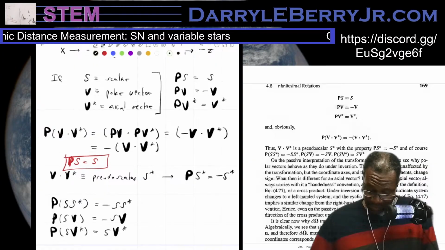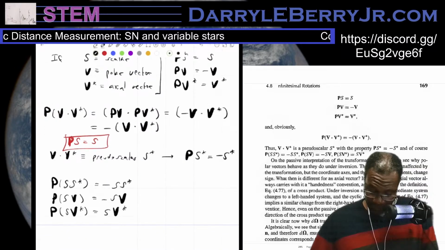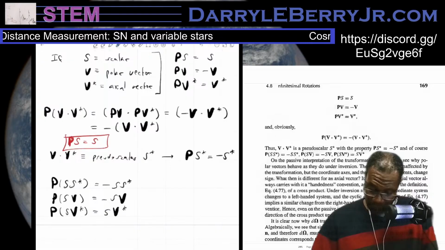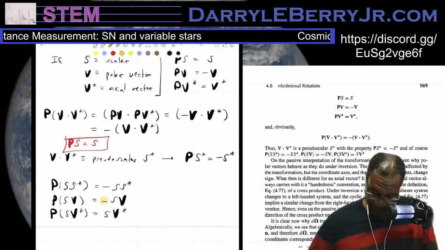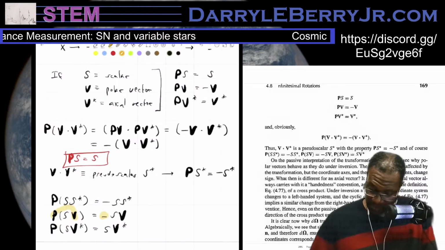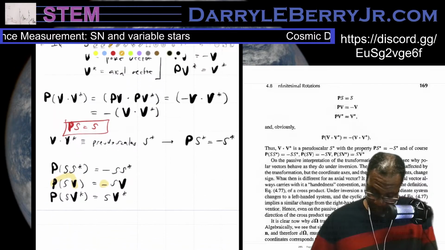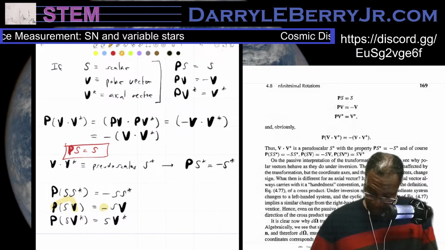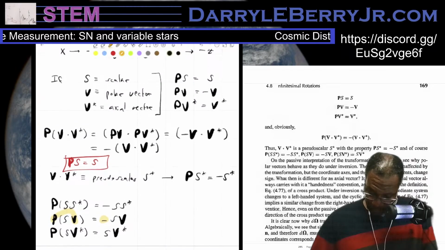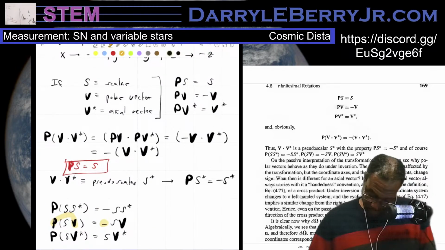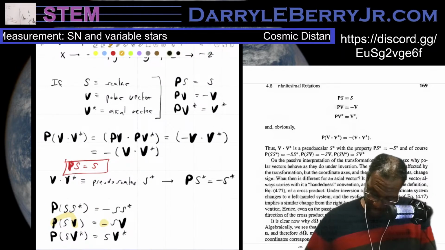P V is negative V. So this negative comes from the P V, and this negative comes from P star.